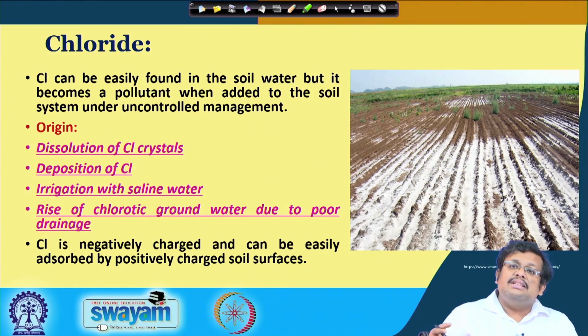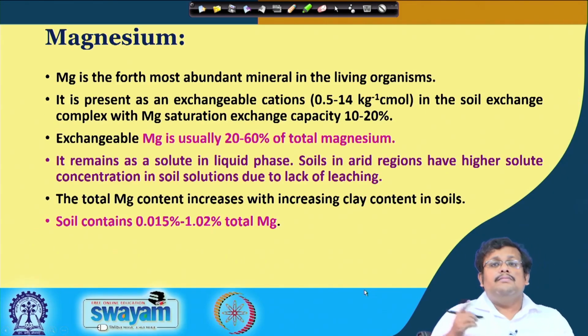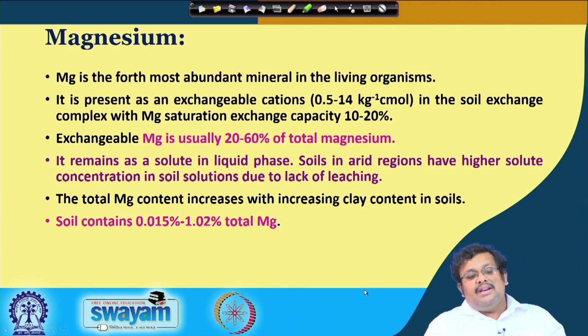So, when there is poor drainage and high evaporative demand, obviously there will be a movement of this groundwater to the surface, and then the water gets evaporated, leaving the salt over the soil surface, producing the surface salinity. Now, chlorine is negatively charged and can be easily absorbed by positively charged soil surface, or oxides, hydroxides.